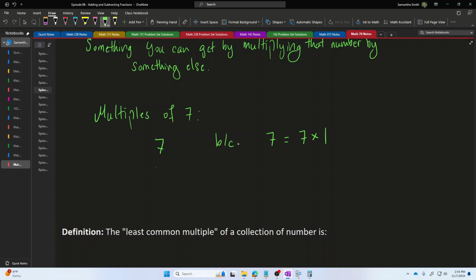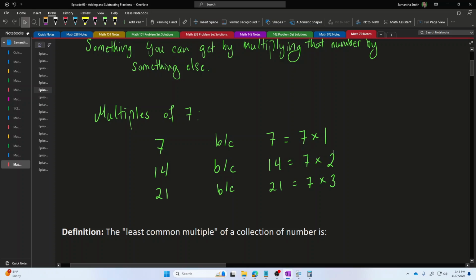The number 14 would also be a multiple of 7 because you can get 14 by taking 7 and multiplying it by 2. 21 would be a multiple of 7 because you can get 21 by multiplying 7 by 3, and so on and so forth. By multiplying 7 by different numbers, you can get different multiples of 7.